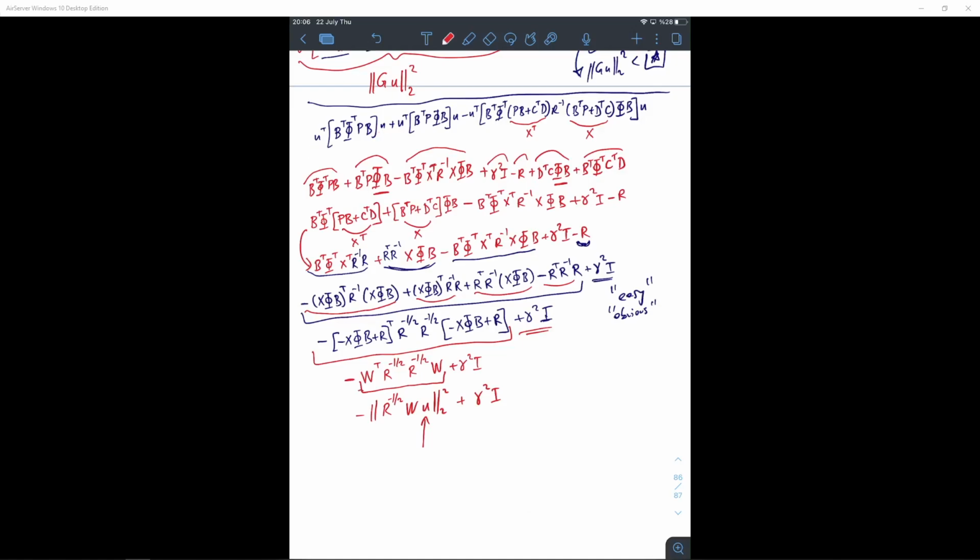So this was actually u w transpose R minus half w u, right? So it is like R minus half w u. This is it.